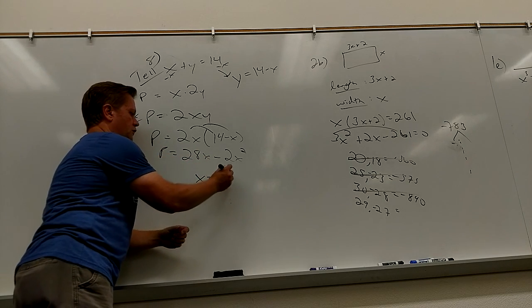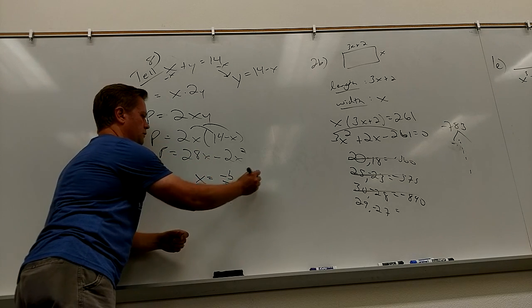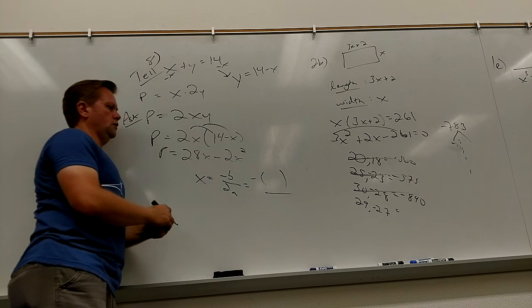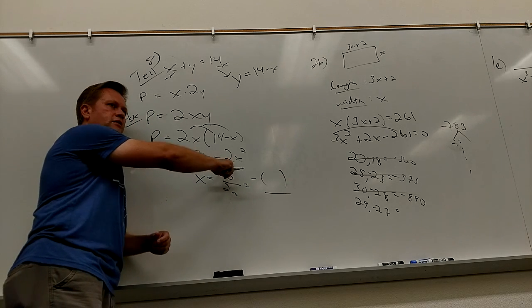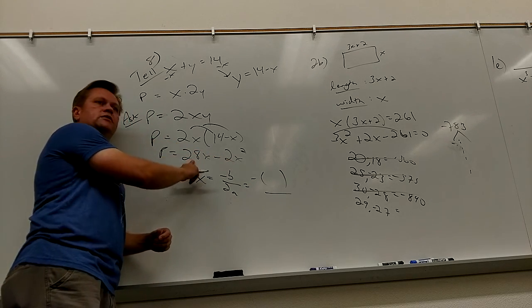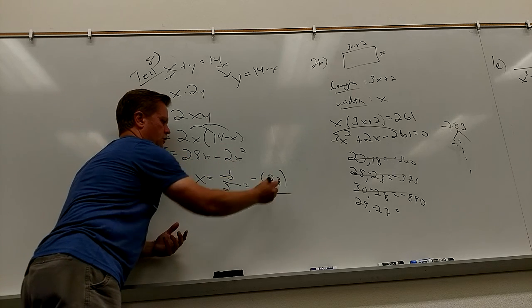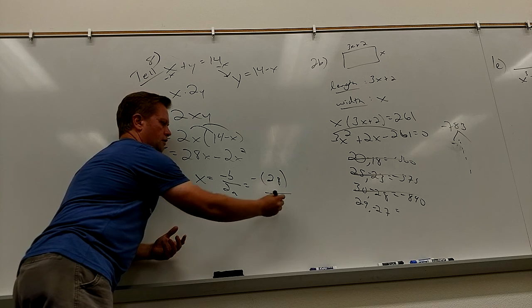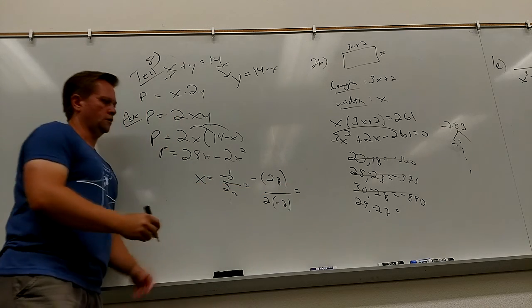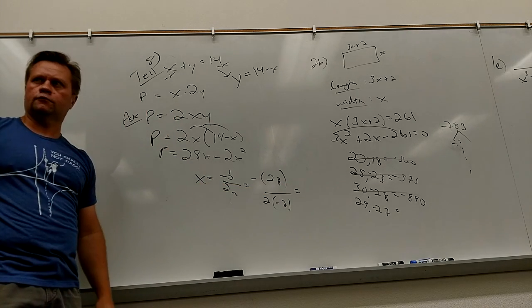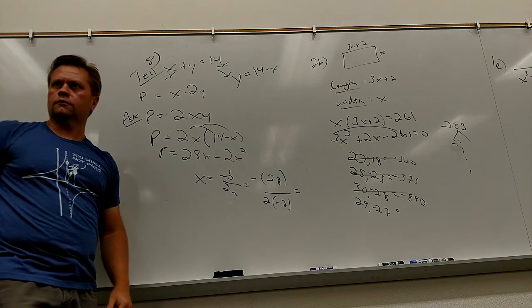So x equals negative b over 2a. Now be careful. What's b? Good. Not just this because it's second, but this because it's in front of the x. ax squared plus bx. Negative 28 over twice negative 2. Seven.